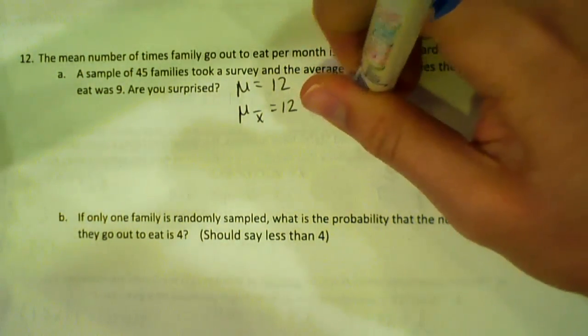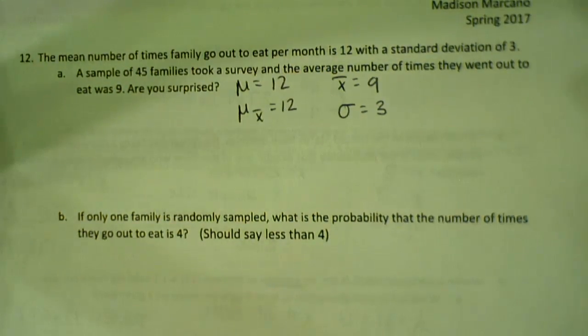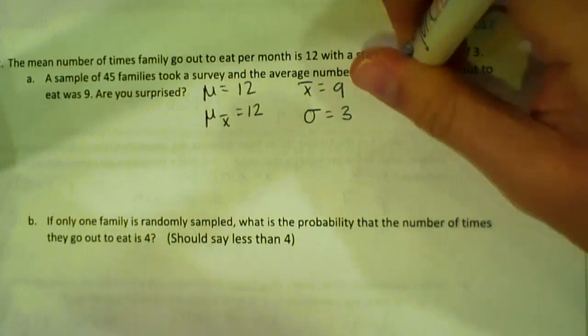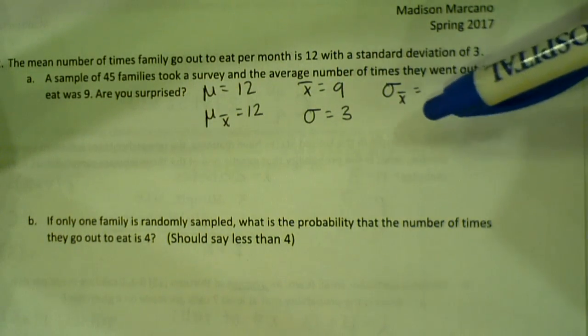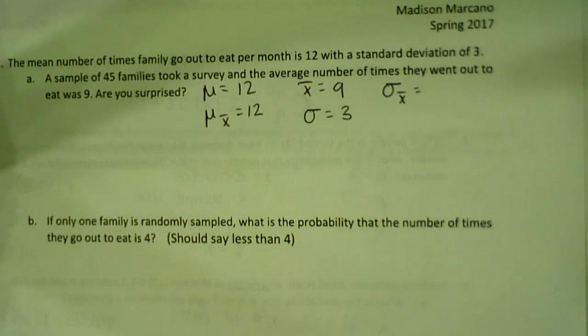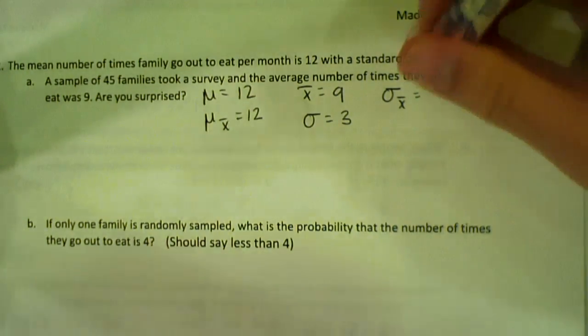We have our standard deviation. Population standard deviation is 3. So if we wanted to find the sampling distribution standard deviation, how should we find that? Yes, exactly.